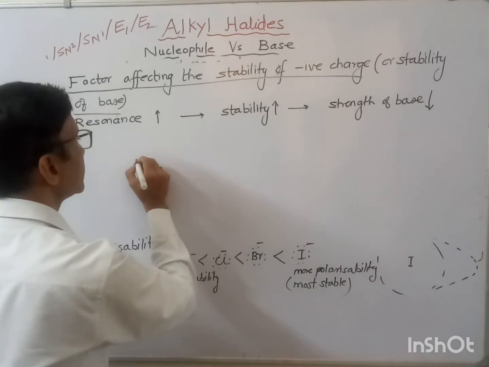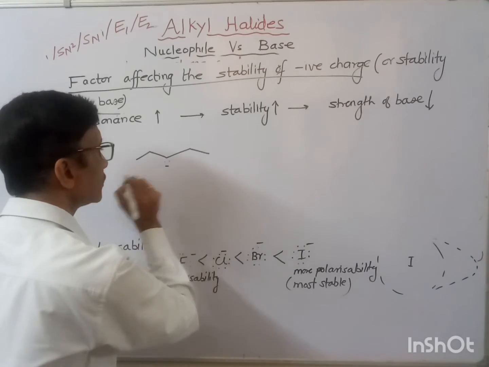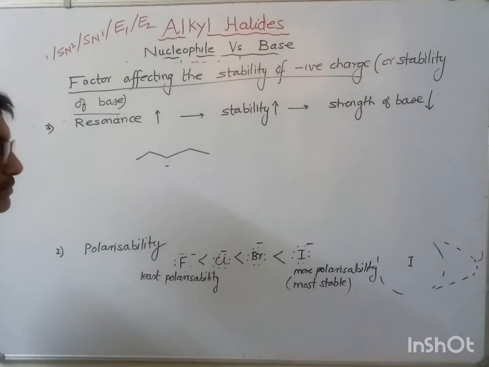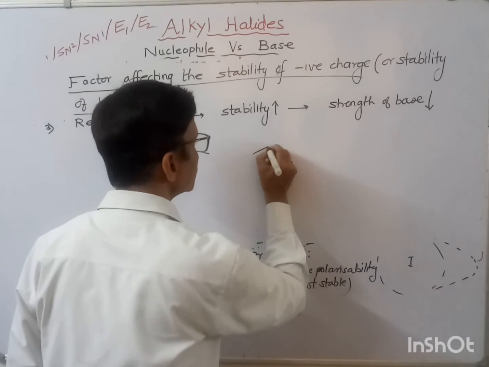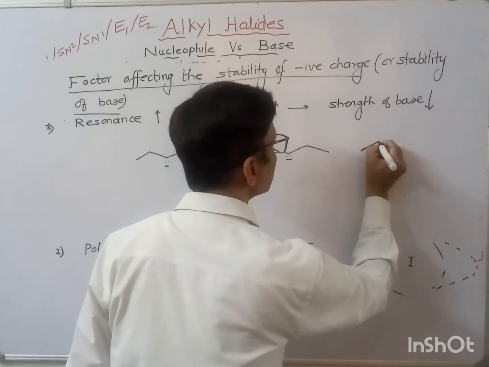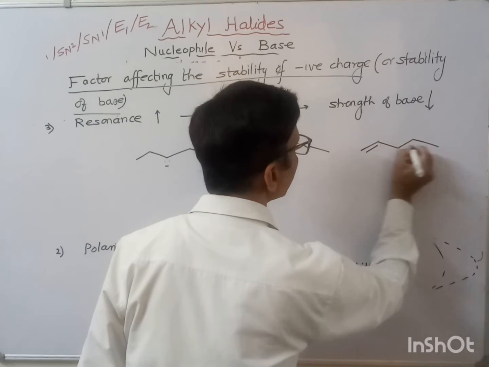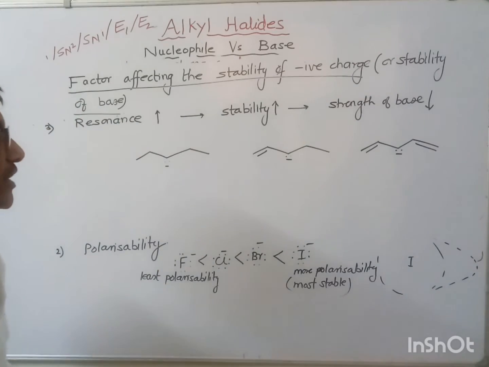So suppose this is one of the species having a pair of electrons, and another species, and next species. Now out of these three species, which is the weakest base, which is the most stable?